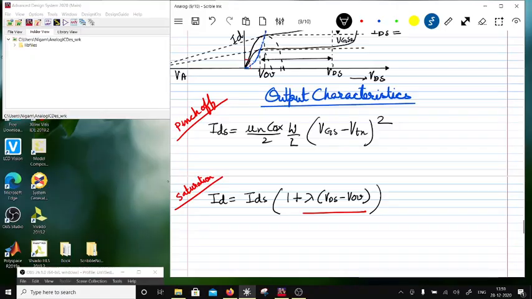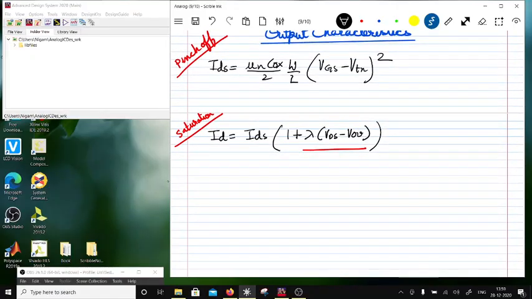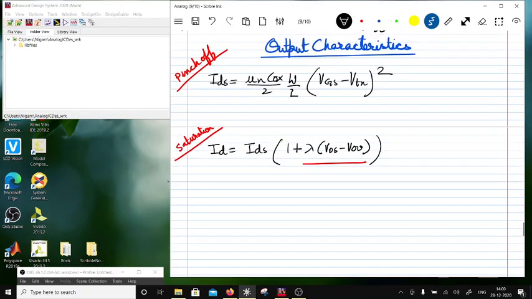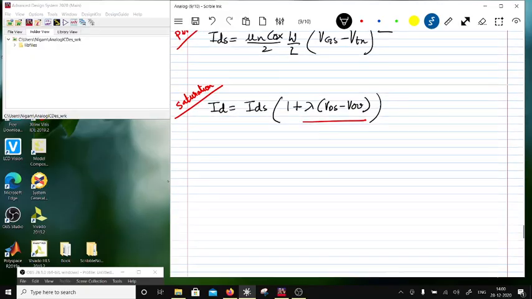So taking that into account, we can say that the output impedance is the reverse of this slope, right? So if I write here output impedance RDS, this is drain to source resistance, it is equal to 1 over lambda times IDS, right?